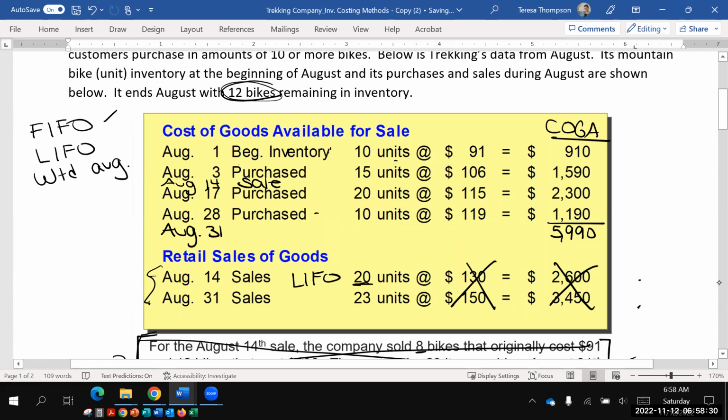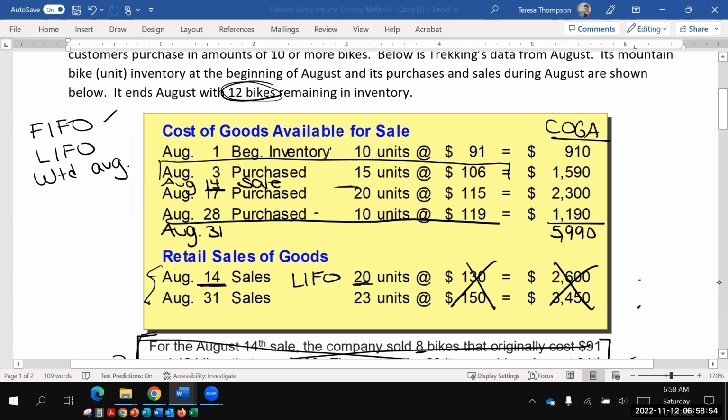They say, oh, last purchase. Here it is, last purchase, right? It's literally the last purchase that we have in the month of August. Totally get it. But August 14th is here. So it's the last purchase as of the sale date. So your last purchase before the sale was August 3rd's purchase.